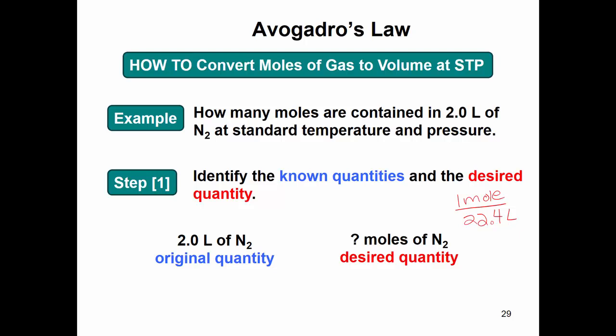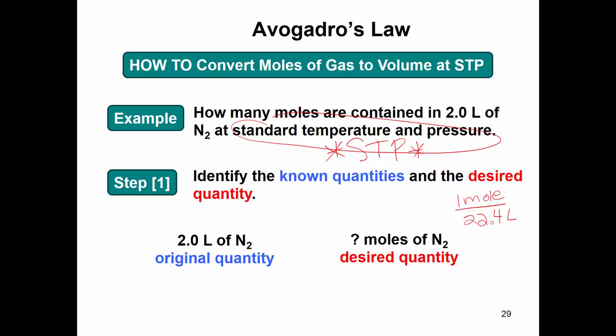Okay, so if we have a gas, here it's nitrogen, at STP, okay, it has to be at STP for this to work. Okay, if we know the volume, then we can find the moles.